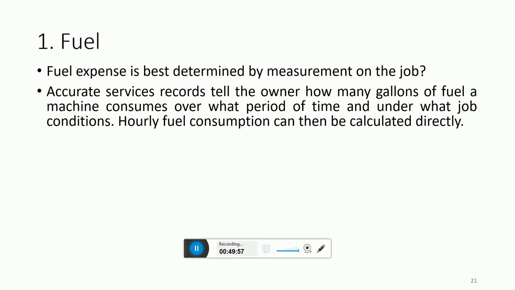So these fuel consumptions can be taken from the company's records, but when the company records are not available, the manufacturer's consumption data can be used to construct a fuel use estimate, because the manufacturer of that equipment also provides the fuel consumption. The amount of fuel required to power a piece of equipment for a specific period of time depends on the brake horsepower of the machine and the specific work application.